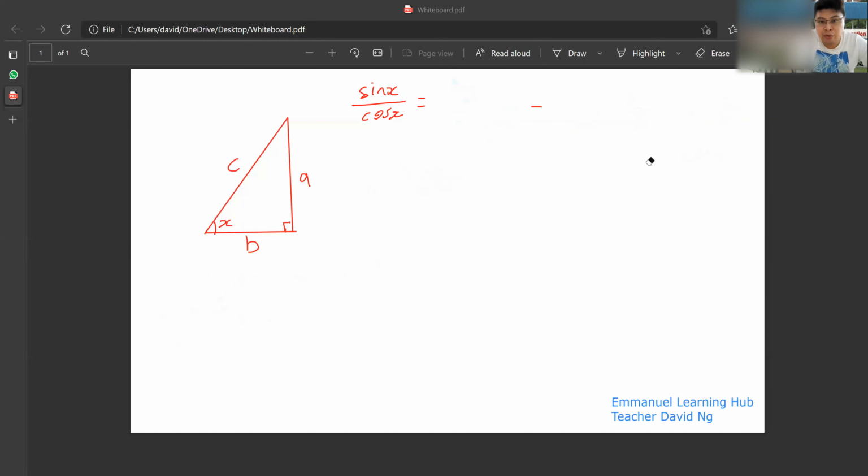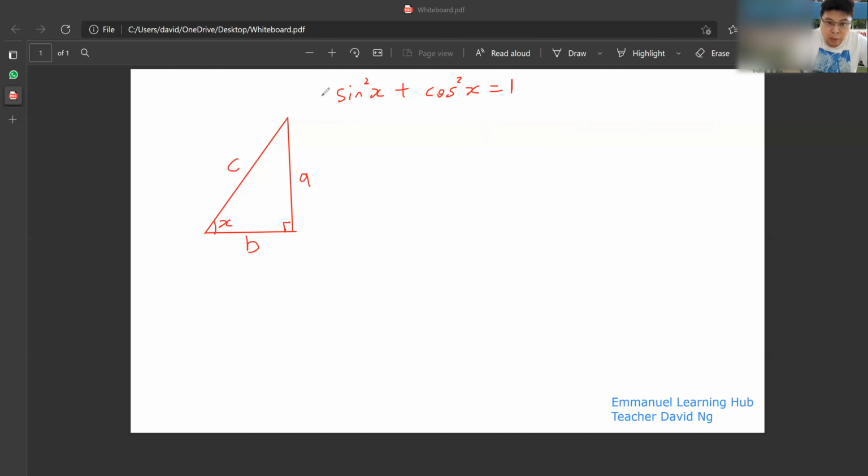So allow me to quickly erase this. All right, the formula I'm going to prove to you is sine square x plus cosine square x is equal to 1. This is the first formula.